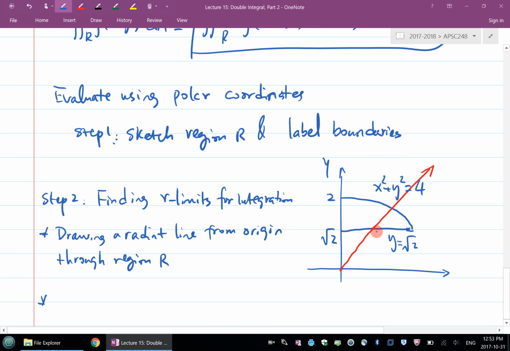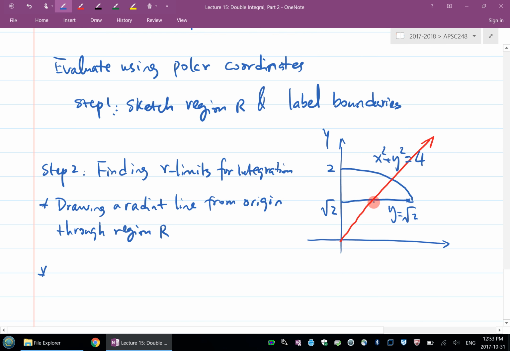If you recall, for finding the limits for the Cartesian coordinates, what do we do? We draw arrow lines in the direction of either the x-axis or the y-axis, right? So here we draw the radiating line, in other words an arrow line in the r-axis direction of the polar coordinates. It's the same idea.